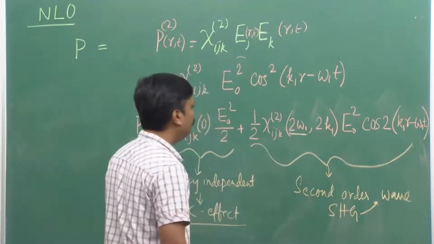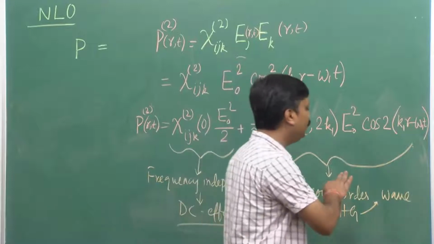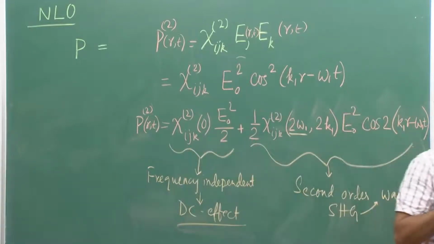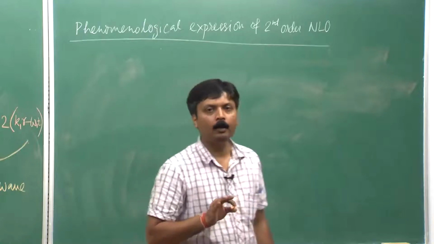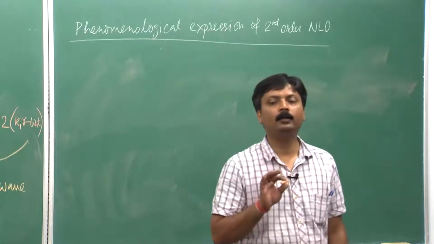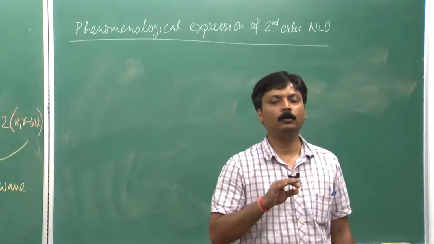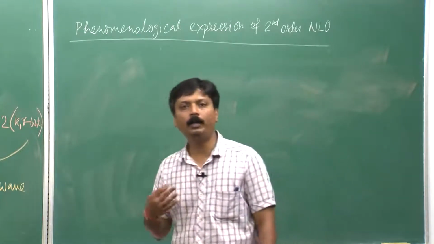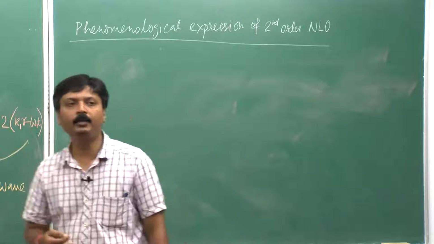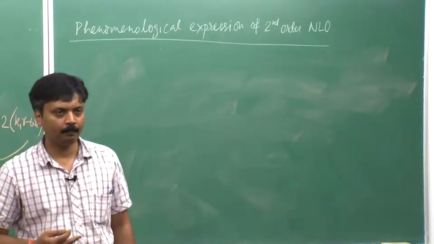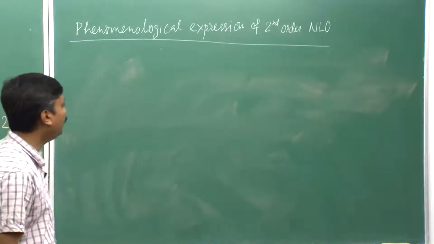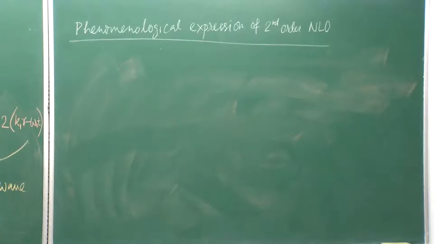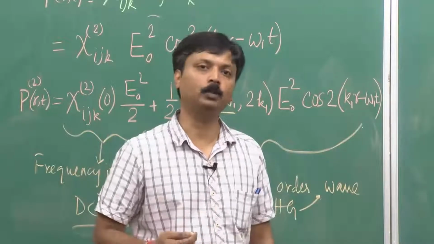Alright, so this second harmonic wave that will be created in this way can interfere either positively or negatively, meaning constructively or destructively. And that can happen either microscopically or macroscopically.